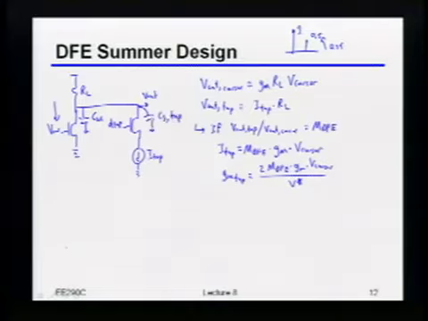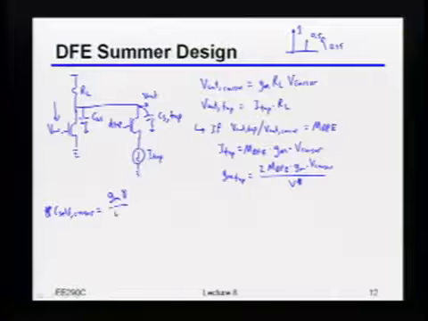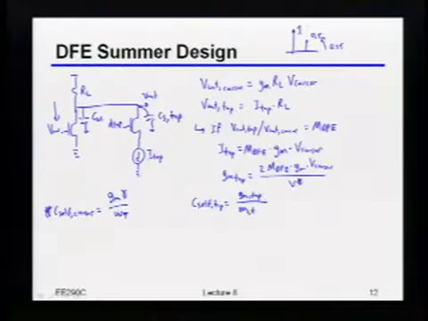Just like before, the C self from the cursor is just going to be GM times gamma over omega t. And for the tap, it's very similar, which is just whatever the GM of the tap is, divided by the omega t of that tap device, times gamma.